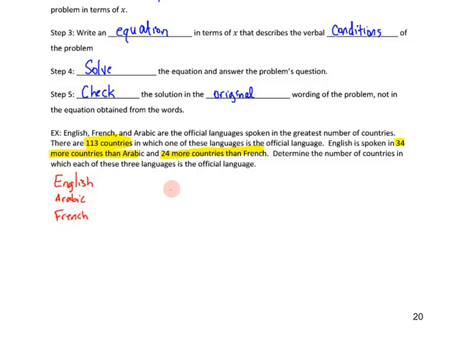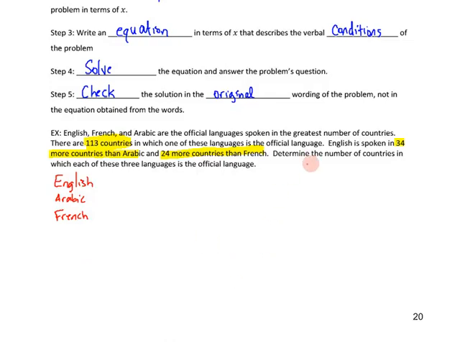Now here's my suggestion. Anytime you have a word problem like this where you've got three different quantities, you need to let one of them be x. The one that you want to be x is usually the one that the other two depend on. It's the independent variable, while the other two are the dependent variables. You want to let the variable be the one that the others depend on.